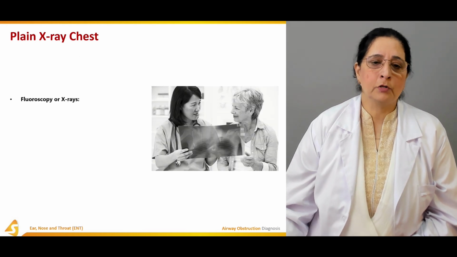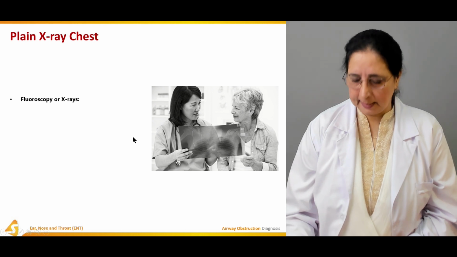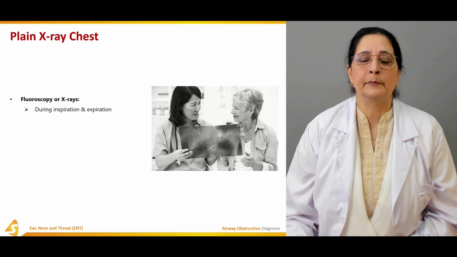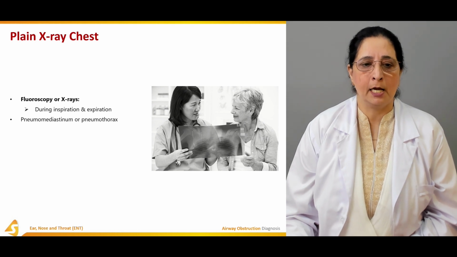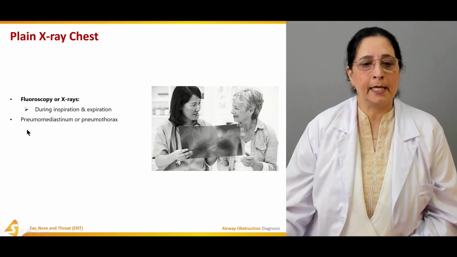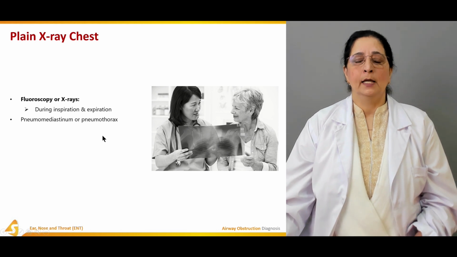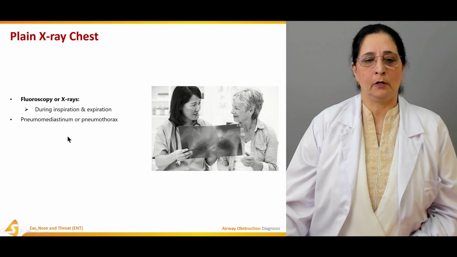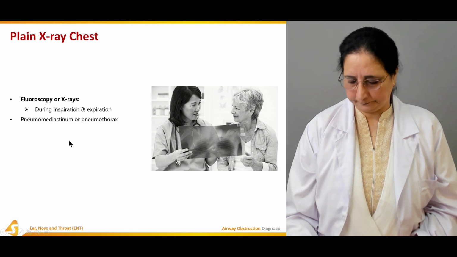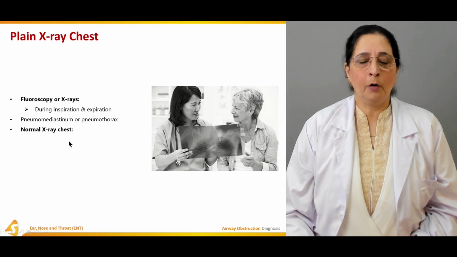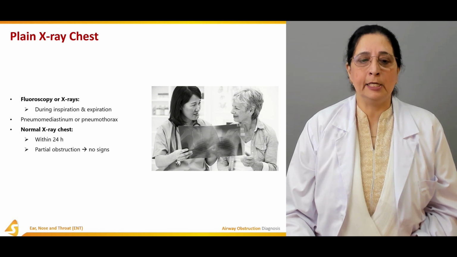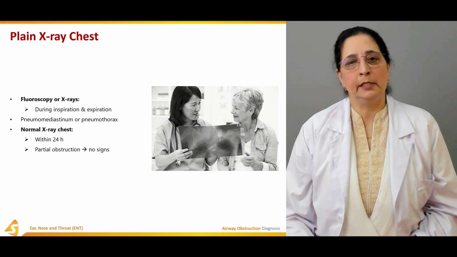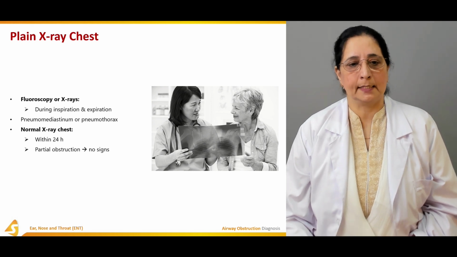Next, the fluoroscopy or X-rays during inspiration and expiration can be done. Pneumomediastinum or pneumothorax, a presence of air in the chest or the mediastinum. Normal X-ray chest within 24 hours, partial obstruction, usually there are no signs.